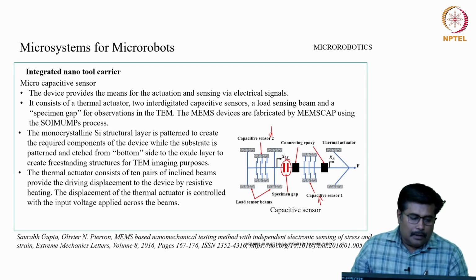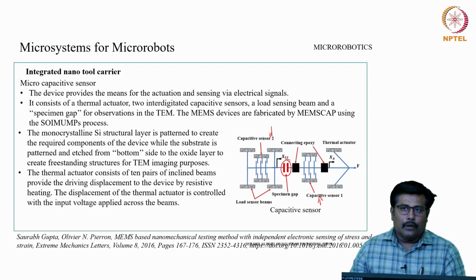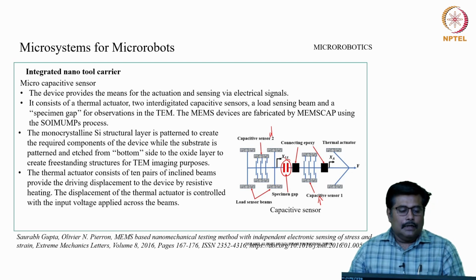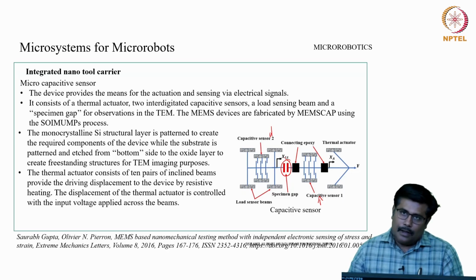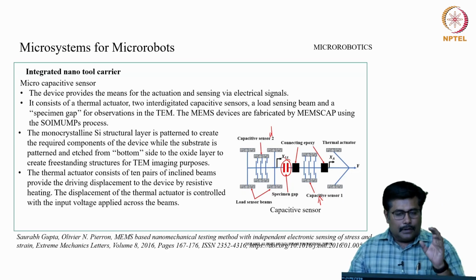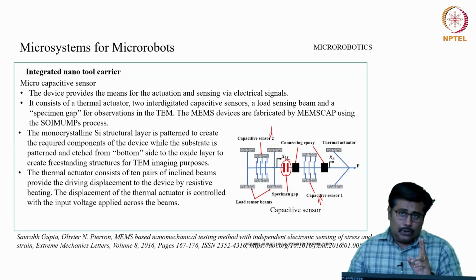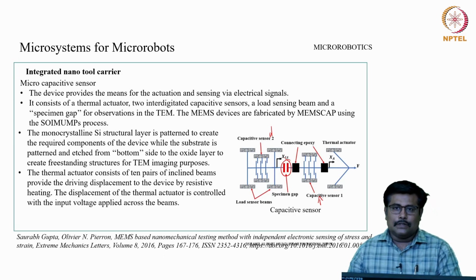In the case of this micro capacitive sensor, the device provides the means for actuation and sensing via electrical signal. It consists of a thermal actuator, two interdigitated capacitive sensors, a load sensing beam, and a specimen gap for observation in the TEM.